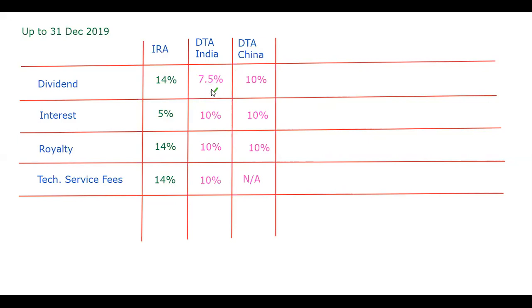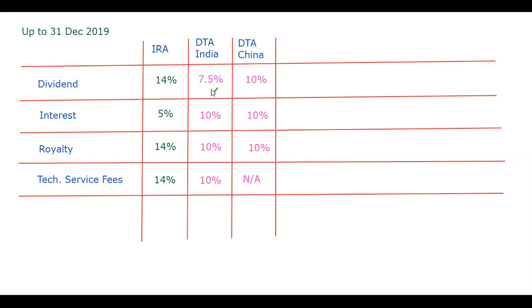We can apply and deduct 7.5 and pay it to the Inland Revenue Department, and the balance we can remit to the respective Indian company. They feel comfortable with Sri Lanka having a lower tax rate in the case of dividends. They will invest more in Sri Lanka because of the lesser dividend rate.